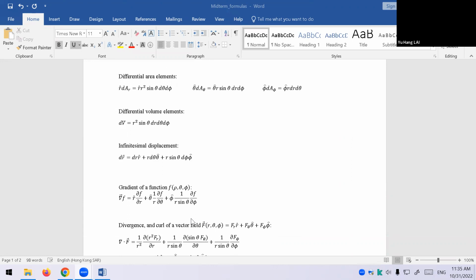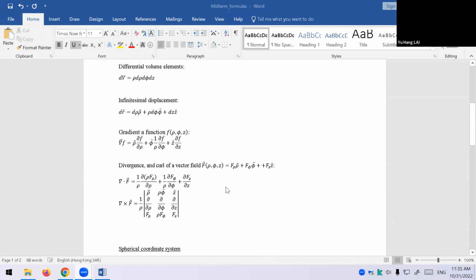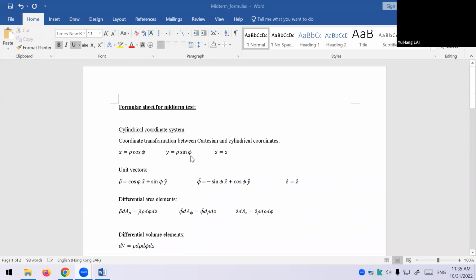But again, it does not mean that you need all of them. That's the key. Just to make things clear, don't worry about which ones you need to memorize and which not. Refer to this.